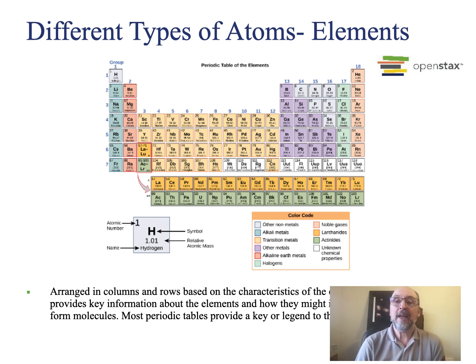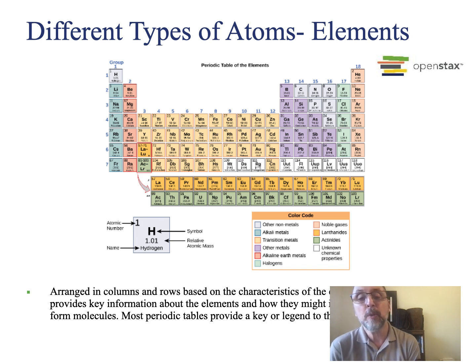The simplest atoms, having the fewest protons, are up at the top. And so H is the chemical symbol for hydrogen, which has only 1 proton. And so it's the first one. And then way over on the other side of the top is helium. Helium has 2 protons.